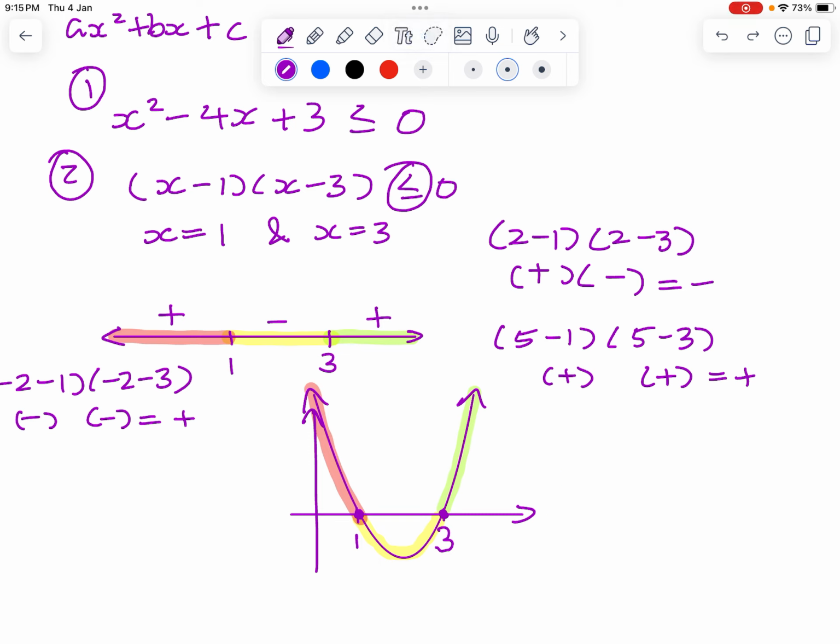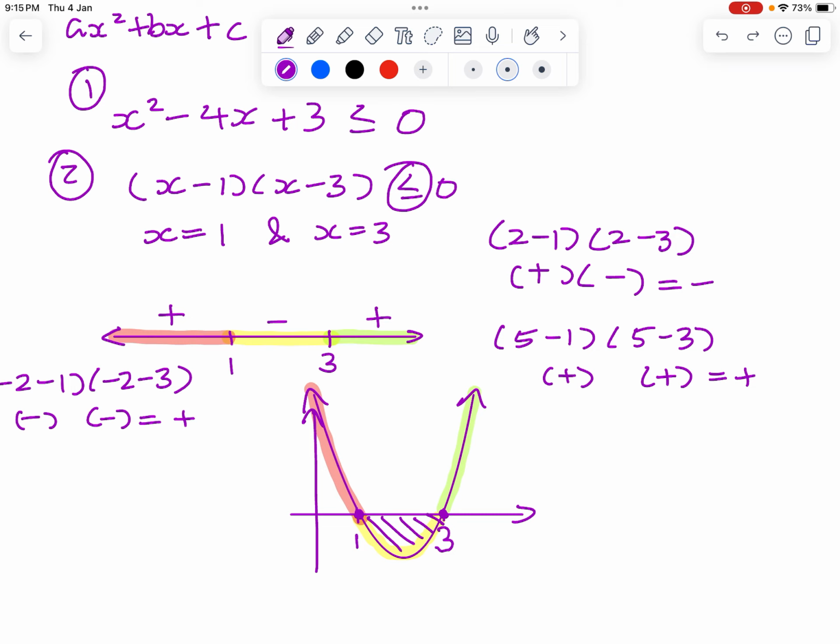And what you can see with the positive and negative, we can see that the y values from 1 to 3 is negative. Anything between the x value 1 and 3 is going to be negative for the y value.